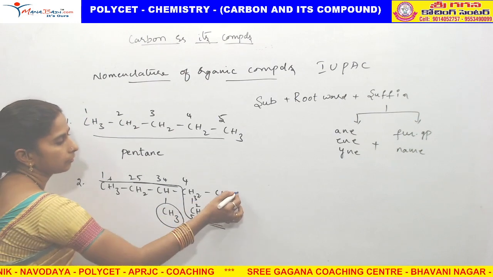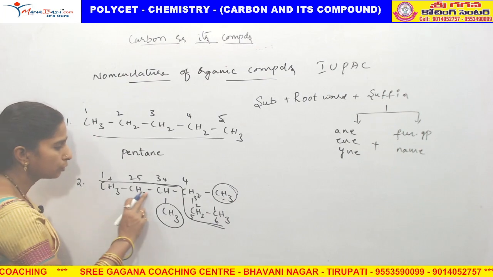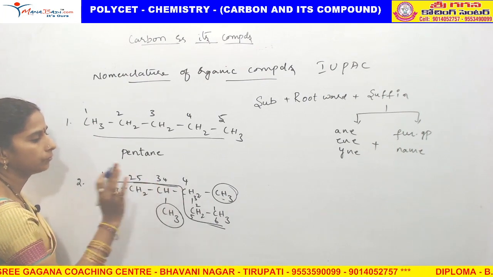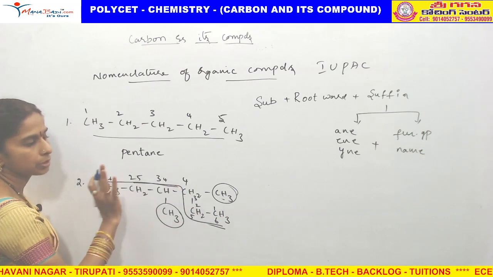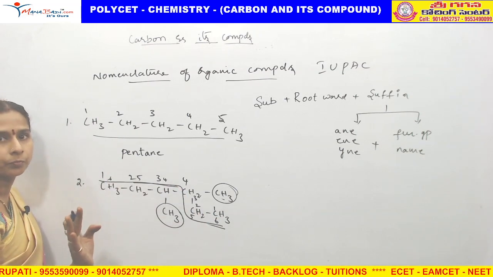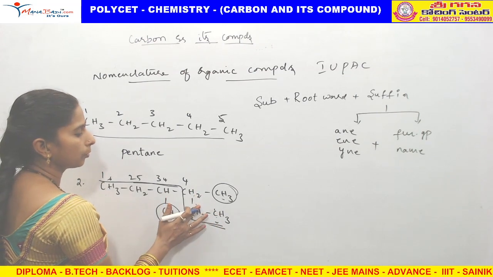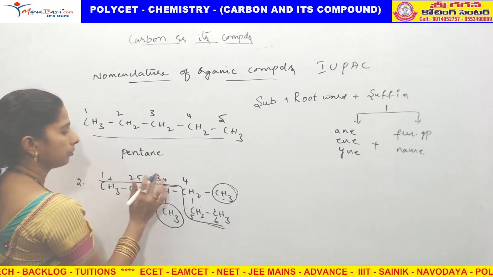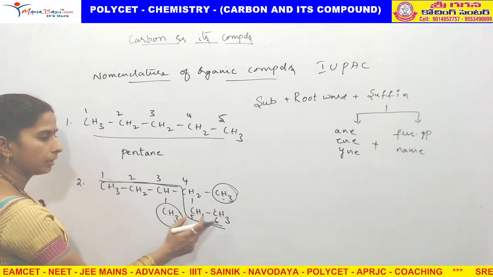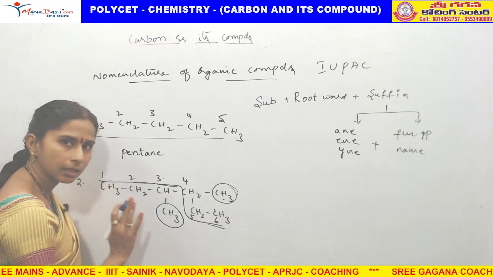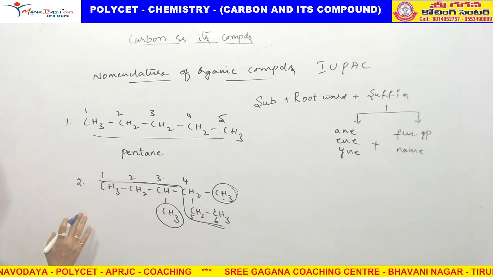One is here, one is here. What is the position? Going this way, third and fourth position. Going the other way, also third and fourth position. Both are the same, so you can give numbering from either side.